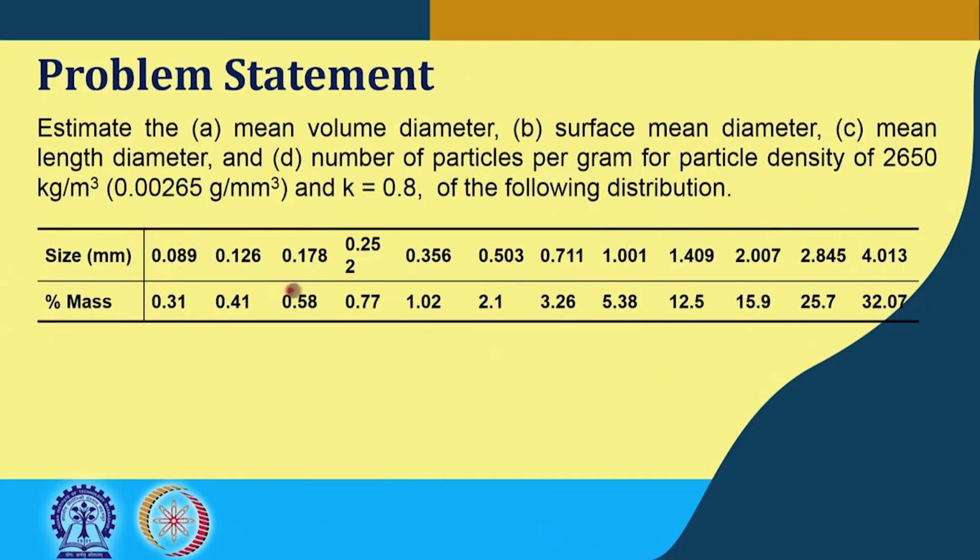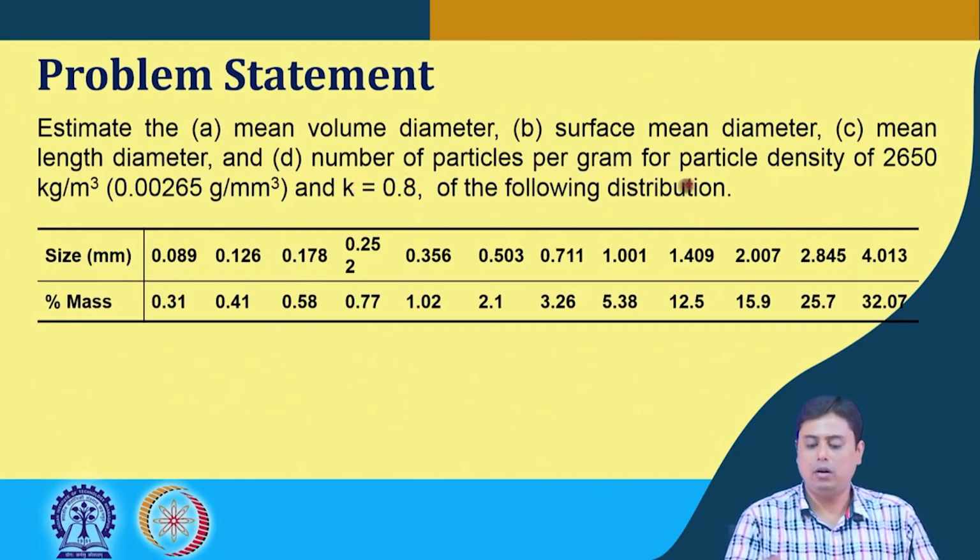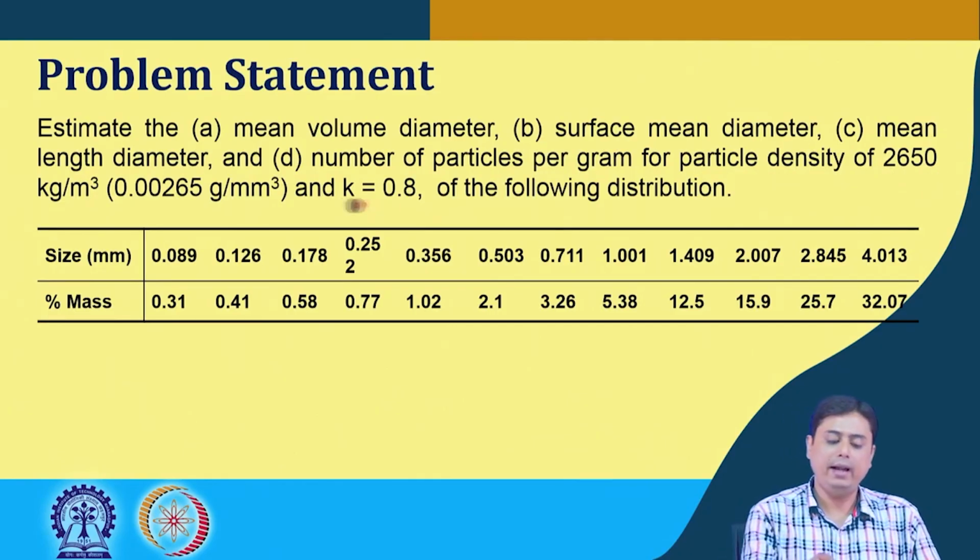The question is, from this given data how do we calculate the mean volume diameter, surface mean diameter, mean length diameter and the number of particles per gram, if the particle density is 2650 kg per meter cube, and the shape-dependent parameter k, required for the calculation of the volume or the mass, is 0.8.